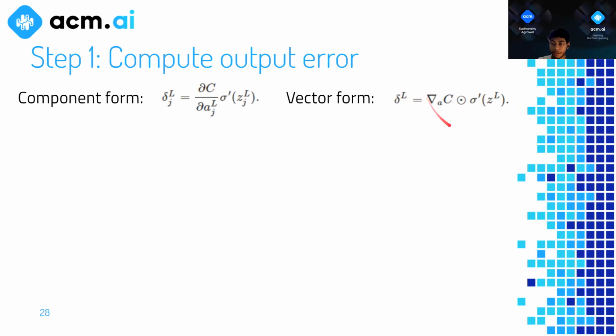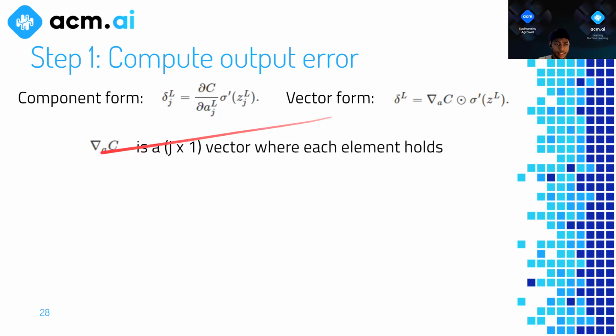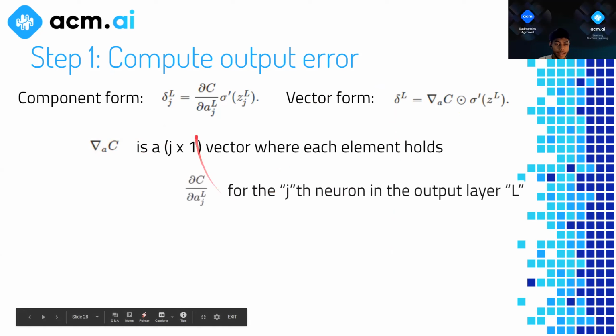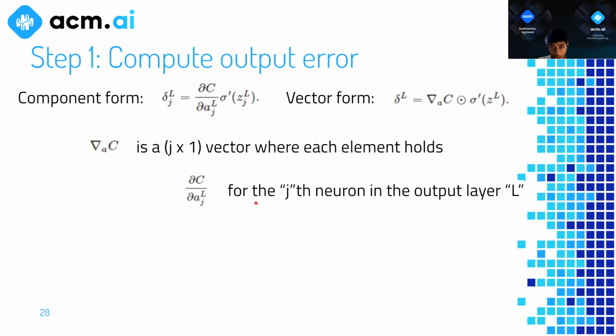So it's simply the gradient with respect to A of the cost, corresponding to this term right here, Hadamard product with this derivative of the activation function evaluated on Z. So this gradient of C with respect to A is also a vector of J elements, where each element is this term right here. And I promise on the next slide, we're going to have some matrices completely fleshed out where this looks a lot more clear. But for now, this is what it looks like as a formula.